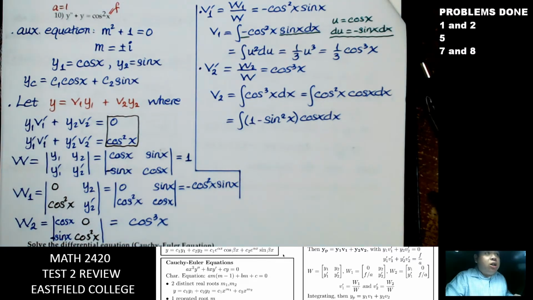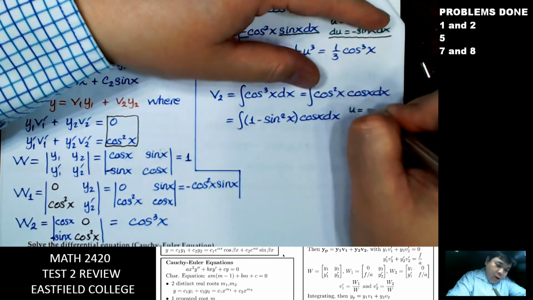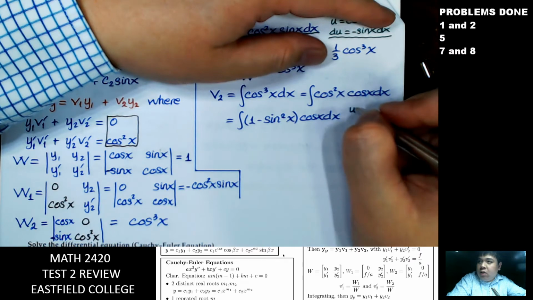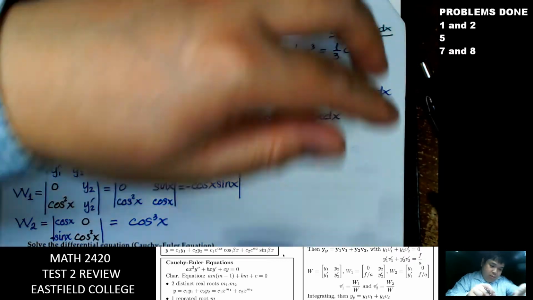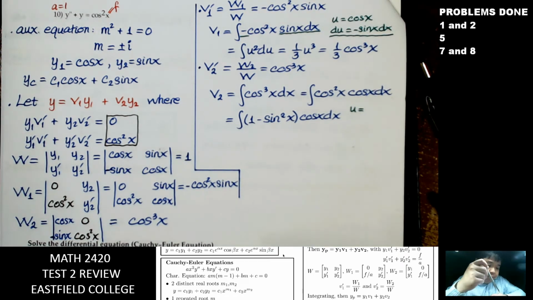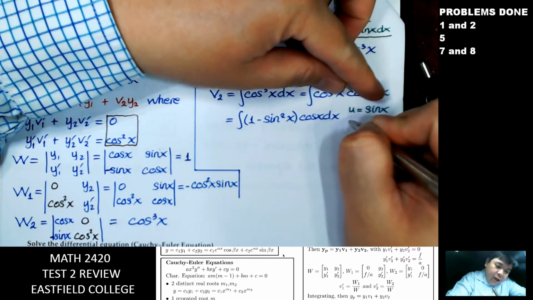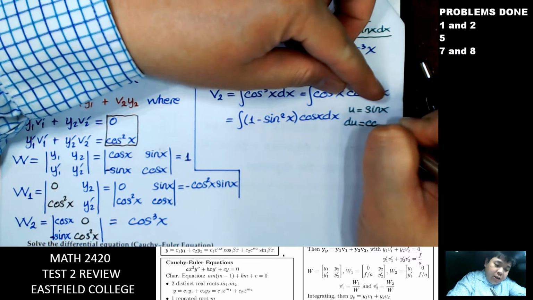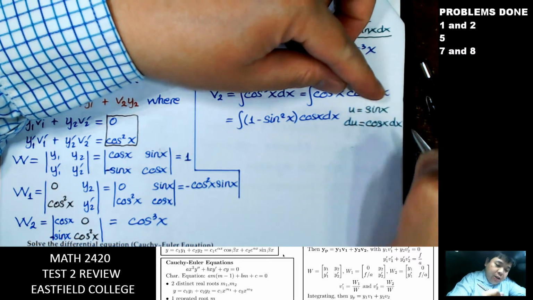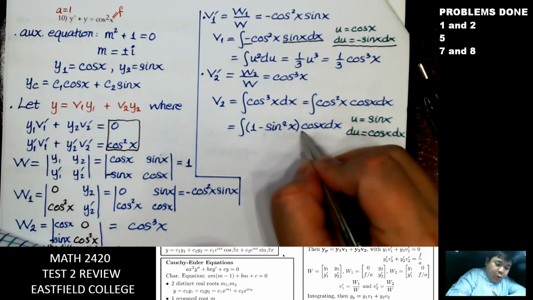Right, now we use a substitution similar to that. If we let u equal to sine x, du is cosine x dx. And pretty much cosine x dx here will be just du.